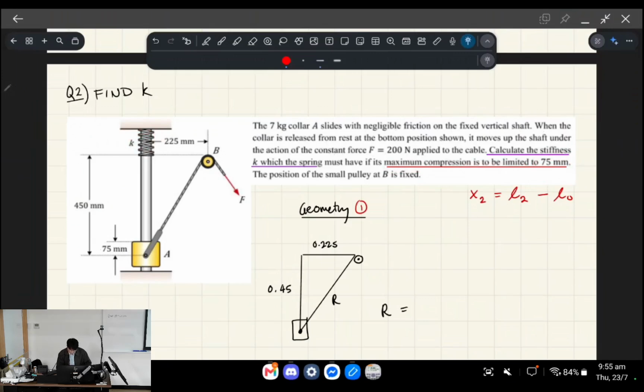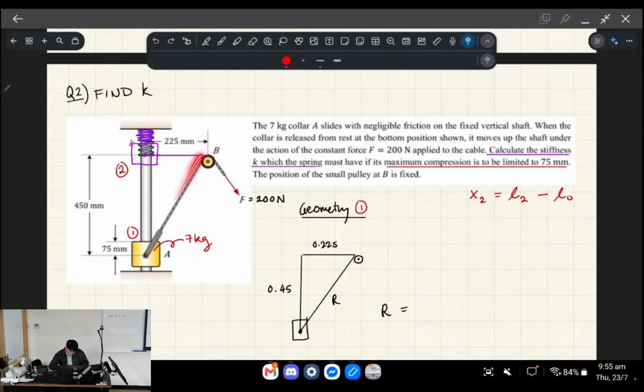So if you think about it, from the middle of this collar to the edge of this collar is 75. So a spring can only be compressed that amount, right? So if I redraw what I rubbed out before, the idea is we're going to analyze two states of energy. The first state of energy is the starting position. And in the starting position, we can consider a couple of things, okay?